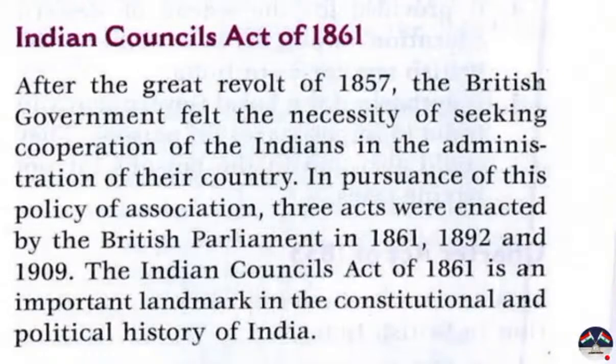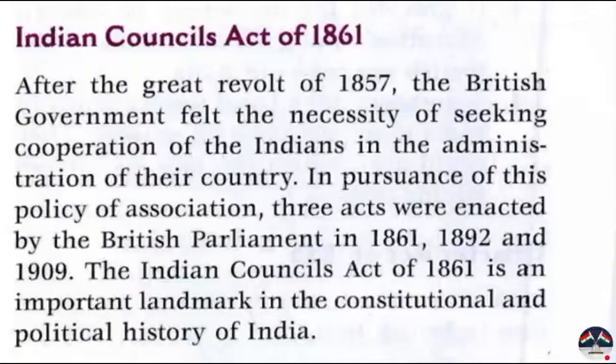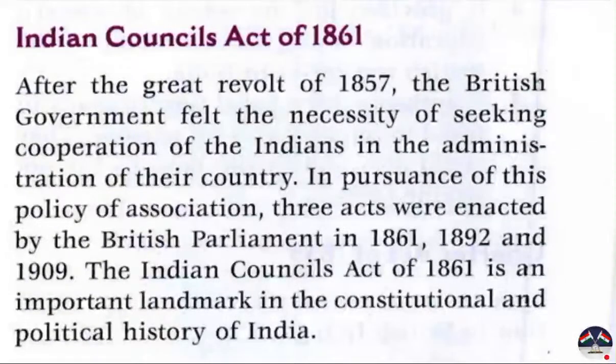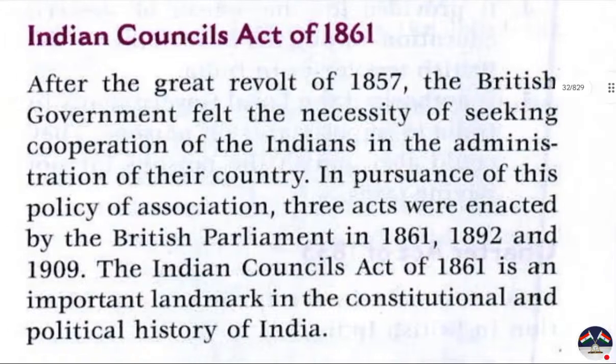Look, in this series, this is the first act, the Indian Councils Act of 1861. Why am I saying that this is the first act? Because the acts of 1861, 1892 and 1909, all these three acts were in a sequence. You will understand why after some time.